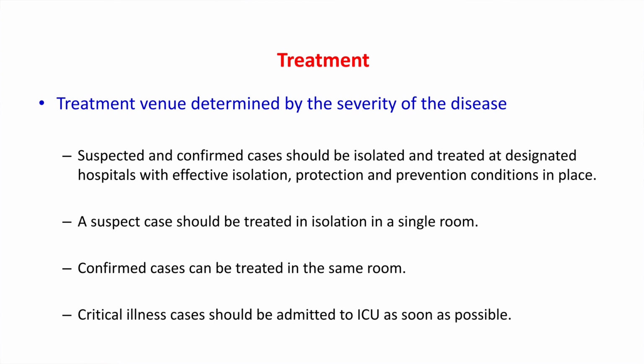Suspected or confirmed cases should be isolated and treated at the designated hospital with effective isolation, protection, and prevention conditions. For the mild cases, we use the cabin hospital. For the severe or critical cases, all the patients have to go to the designated hospital.